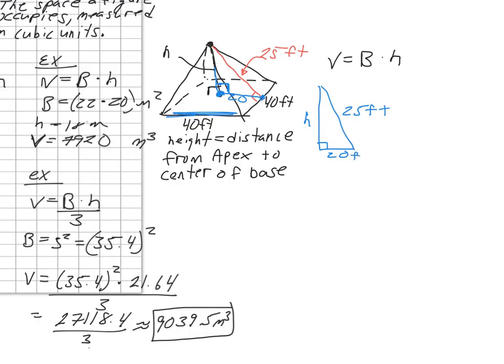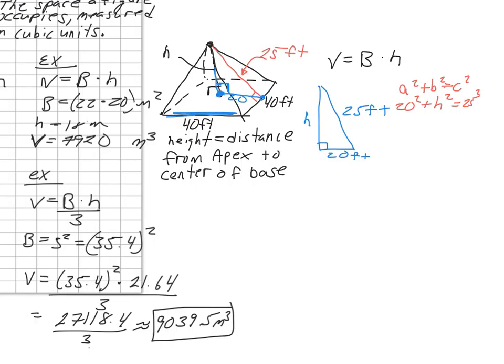Now I have two sides and I solve for the third, so I can use the Pythagorean theorem. a squared plus b squared is equal to c squared. I'm going to pick 20 for a, b is h, and c is 25.